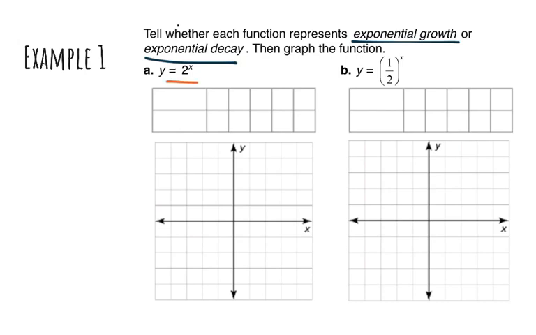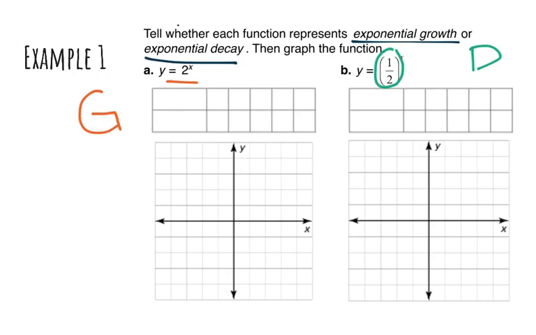So in this first example, the exponent x is attached to 2, so that means 2 is the b value. Since 2 is greater than 1, this is going to represent an exponential growth model. For part B, the x is attached to 1/2, and since 1/2 is a number in between 0 and 1, we know this is going to represent an exponential decay model.